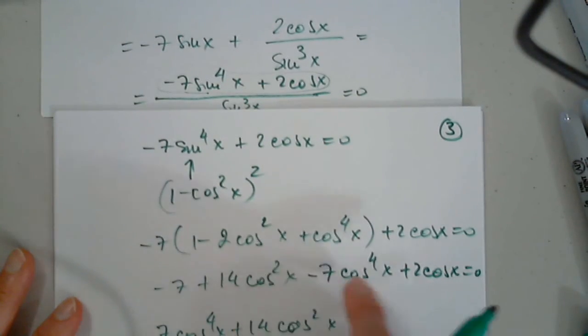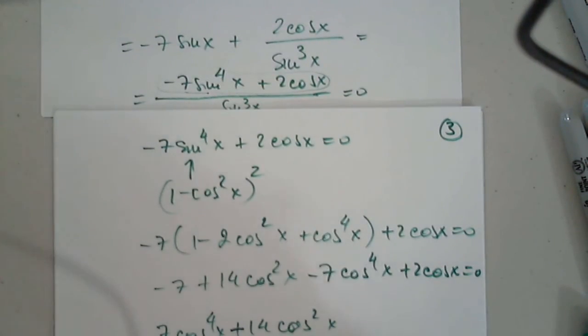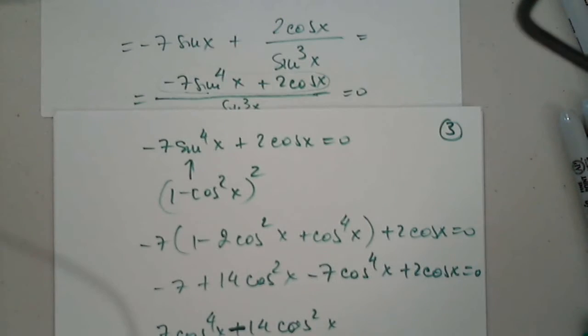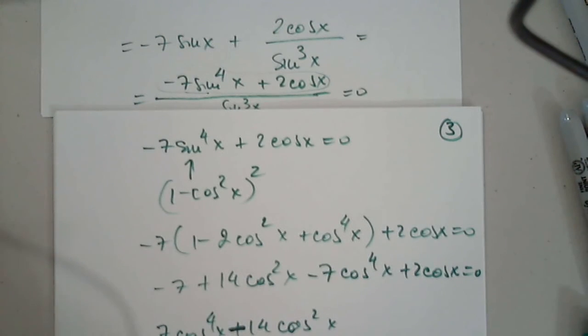This is positive, this is negative because I changed the sign. So positive, negative, now another negative, and plus 7 equals 0.